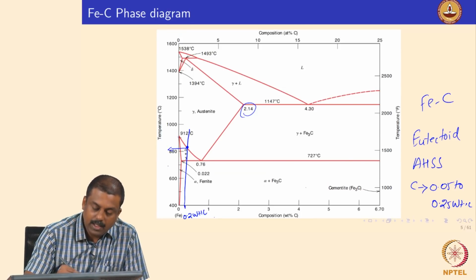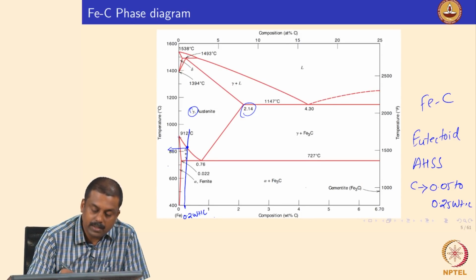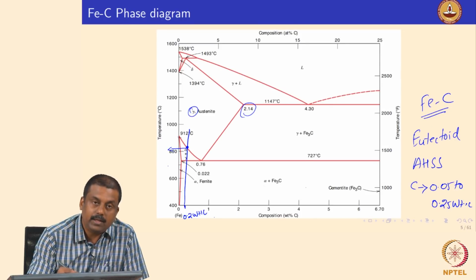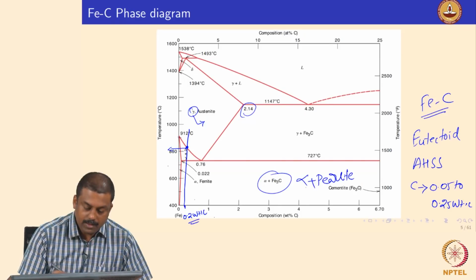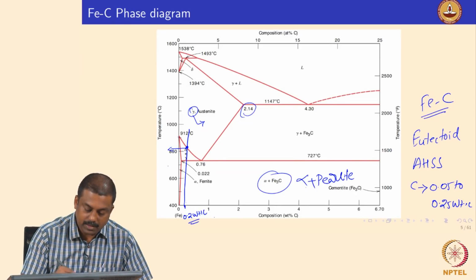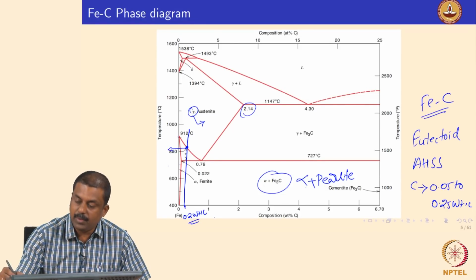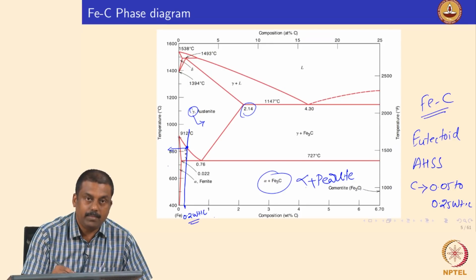When you heat it up, your entire microstructure would transform into austenite under equilibrium conditions. So if you are heating above, for example, 820 degrees centigrade in a pure iron carbon system, you expect the microstructure to transform fully into austenite. The moment the temperature reaches above 820 degrees centigrade, you will form a complete austenitic microstructure.